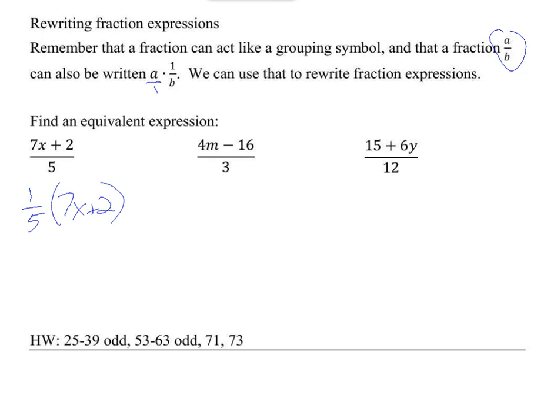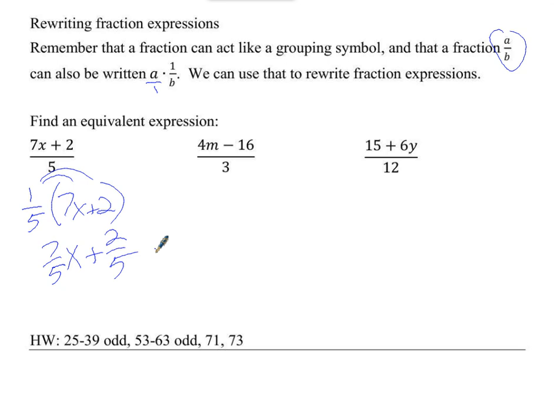Okay, from here now we're going to distribute. So we have the 1/5 and we're going to send that in. 1/5 times 7x is what? 7/5 x. And then we're going to distribute there too. What do we get? So plus 2/5.